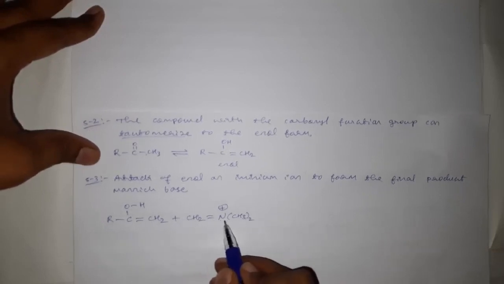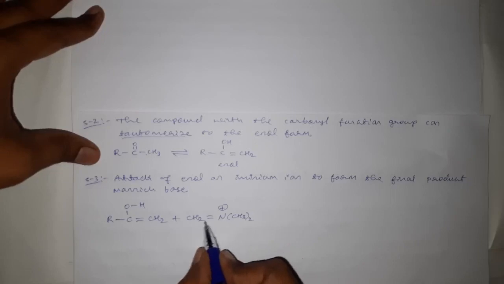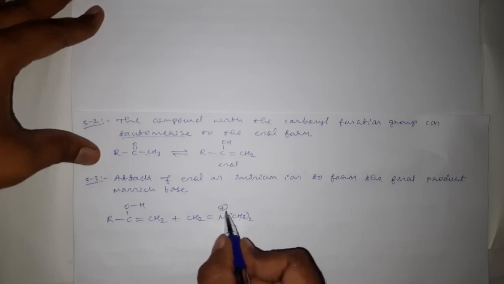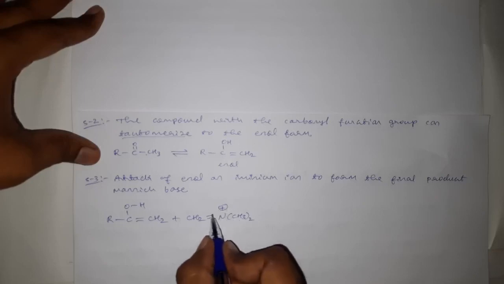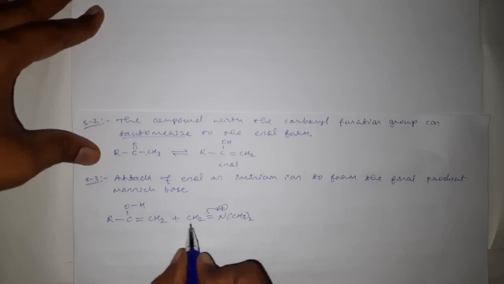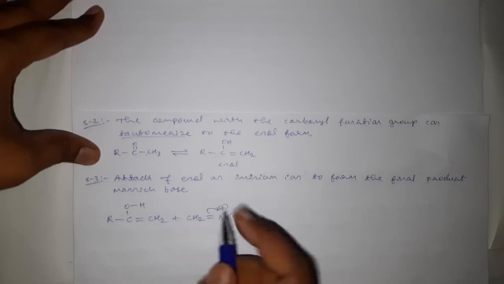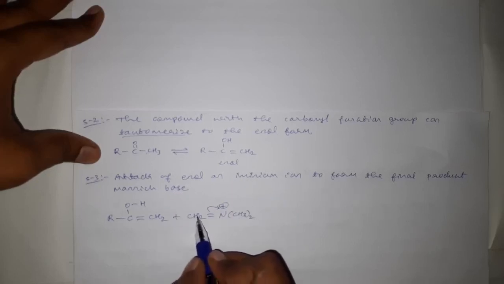This is iminium ion, and this nitrogen, as compared to the carbon, is more electronegative. Being more electronegative as compared to the carbon with a positive charge means it becomes unstable, and to get stability, it will drag these bonded pairs of electrons towards itself. Pi bonded electrons will now move towards oxygen, and this carbon will now live with only 3 bonds. It becomes unstable and gets a positive charge.